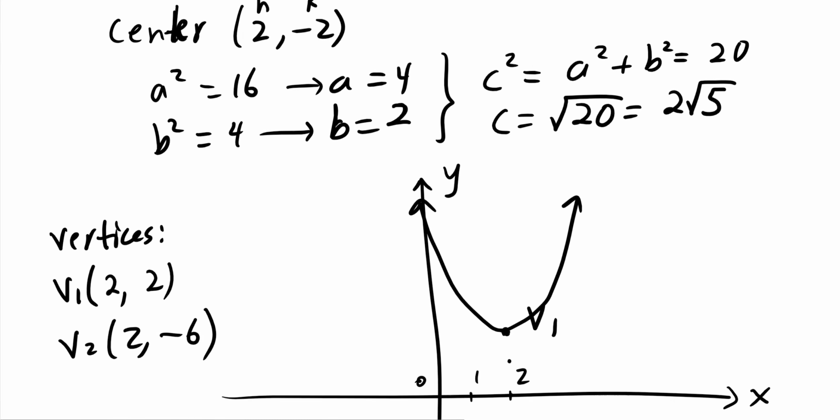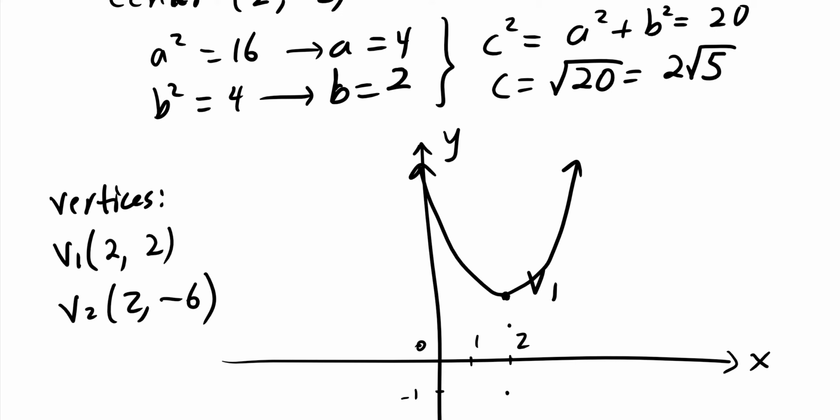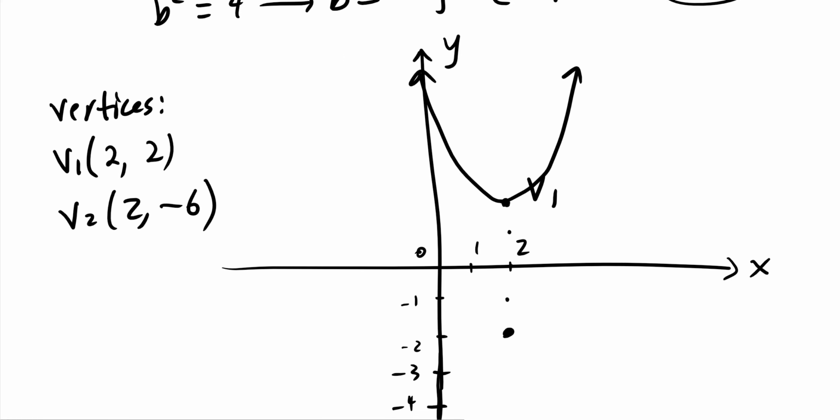Foci: we need to go from the center 2 root 5 distance up and down. Because if you put 2 square root of 5 on the calculator, it will give us 4.47, so that's where F1 is located.